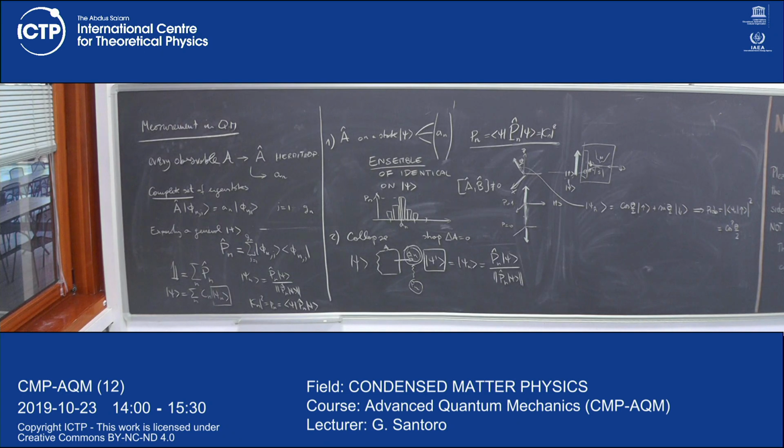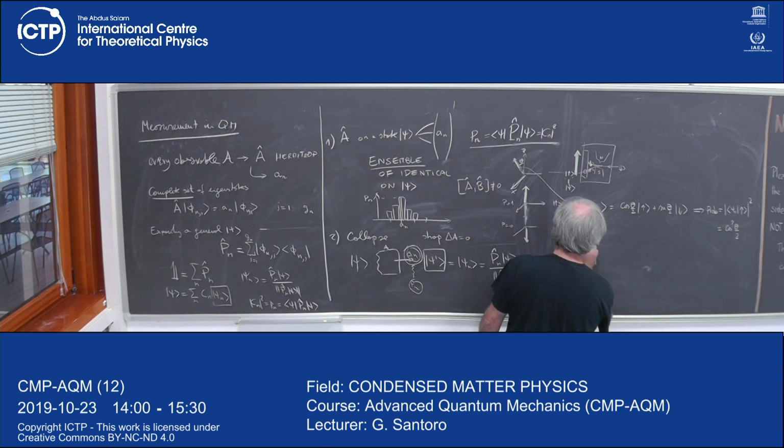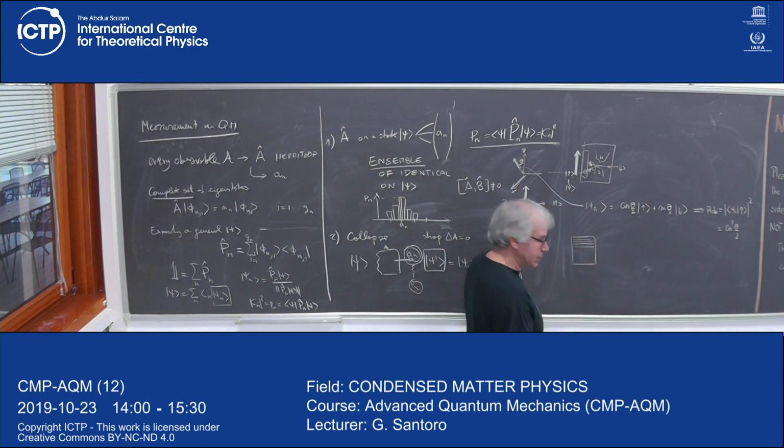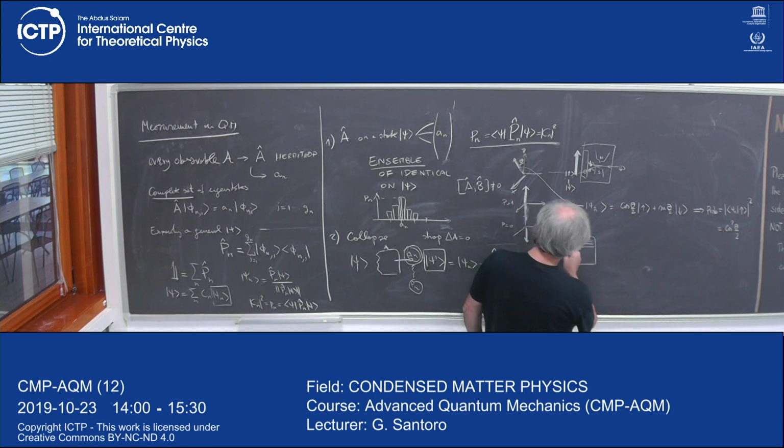So in particular, just to remind you, the polarizer is made of elongated objects, molecules like this, and if the electric field oscillates in this direction, it is absorbed. If the electric field oscillates in this direction, it is not absorbed, okay?